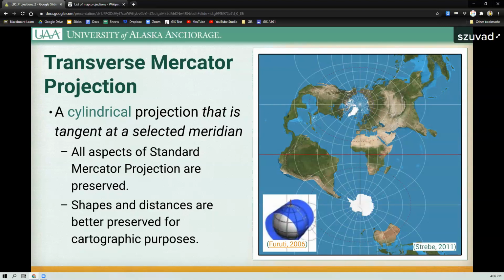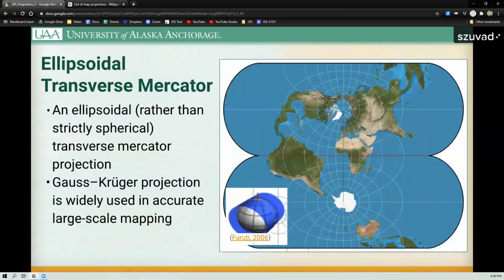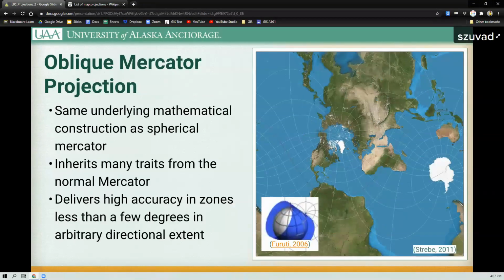I think this is an interesting representation of Southeast Asia too, even though they're tucked away up there in the corner. And then the ellipsoidal transverse Mercator is just a reminder that our Earth is an ellipsoid. So if you take that into account, you can better model the world, essentially. And then finally, the oblique Mercator system. I mentioned that oblique just means that you've rotated that globe within the cylinder to optimize the mapping for whichever system you cared about.